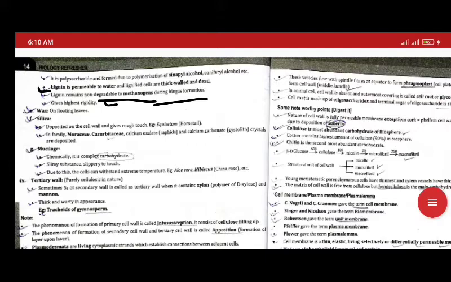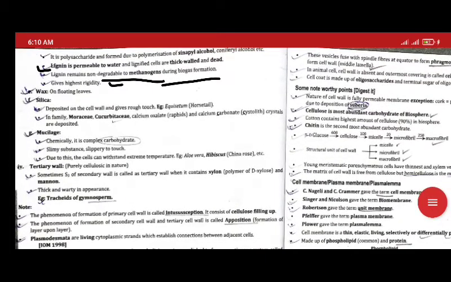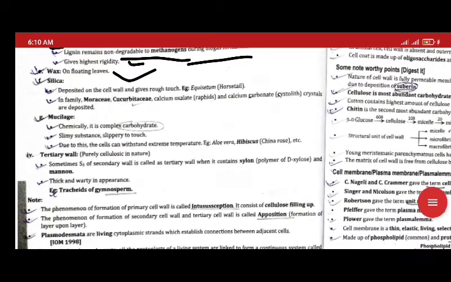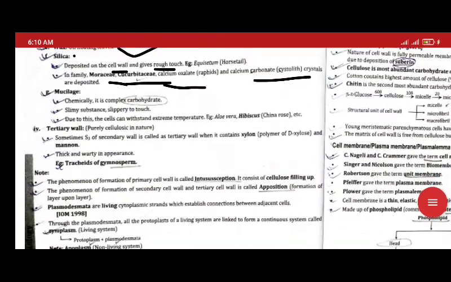You should remember this. Now we have wax. Wax is on floating leaves. Silica is contained in the cell wall and gives a rough touch, as in Moraceae and cucurbits. Calcium oxalate is in Rubiaceae, and calcium carbonate is another type.